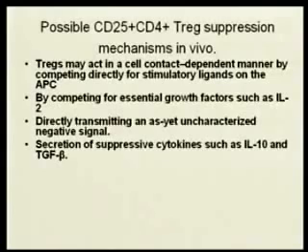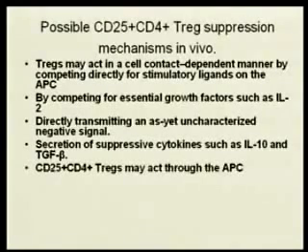Some people suggest that cell contact may not be critical, and that maybe T regulatory cells actually produce suppressive cytokines. Two such are IL-10 and TGF-beta. There is some evidence in vivo, but in vitro, they can't show this. Another possibility is that these T regulatory cells may somehow negatively affect the APC.